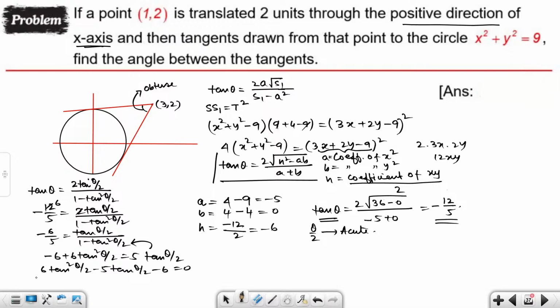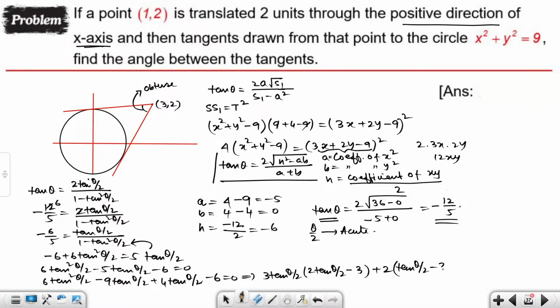Okay, so let me factorize this. 6 into 6 is 36. So minus 9 tan theta by 2 plus 4 tan theta by 2 minus 6 is 0. So if we simplify this, 3 tan theta by 2, let me take common. So it will become 2 tan theta by 2 minus 3, right? Plus if I take 2, so it is tan theta by 2 minus 3 equals 0.